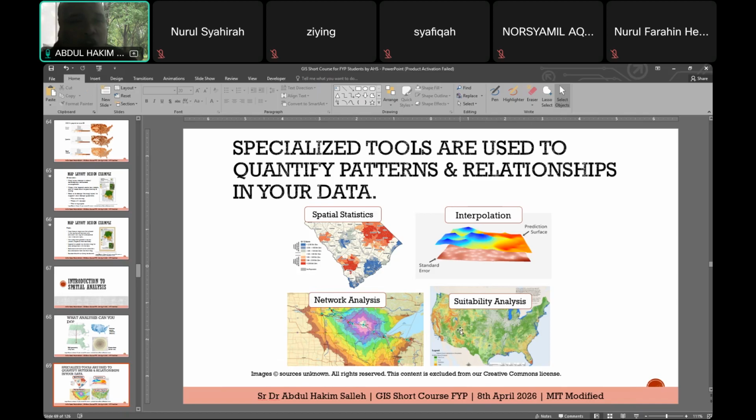All those criteria are compiled, and then they can produce what is known as suitability analysis. You can find the most suitable area for the banana plantation.